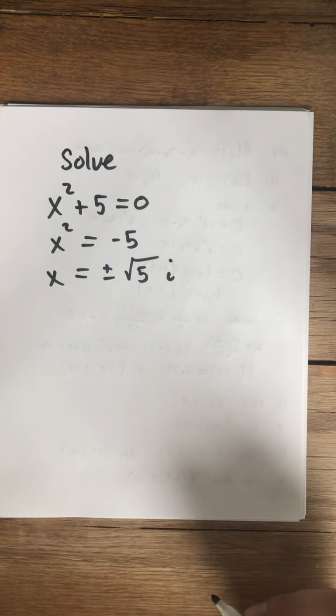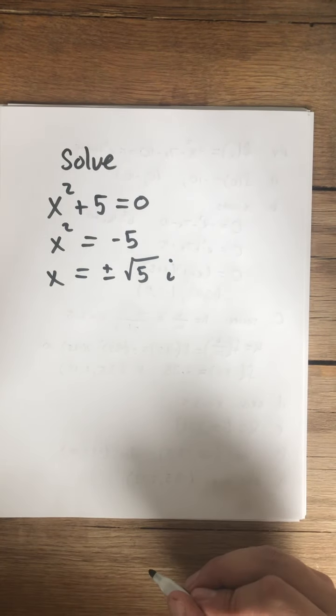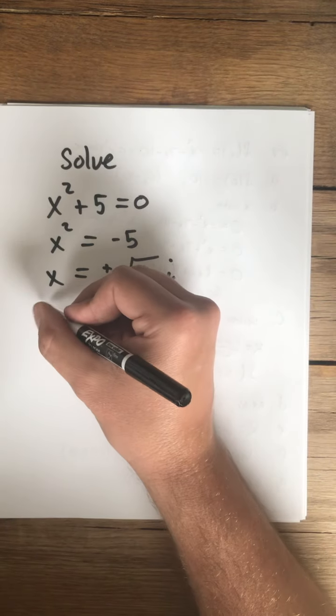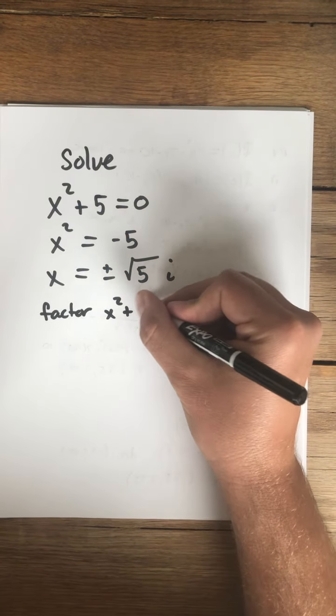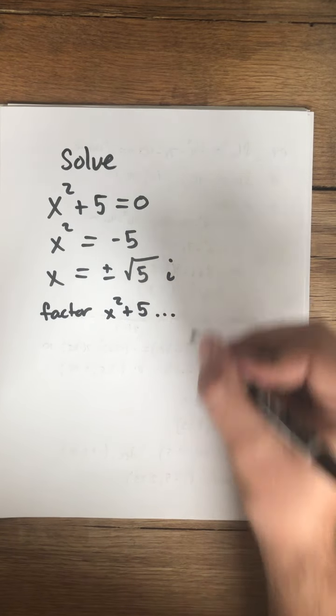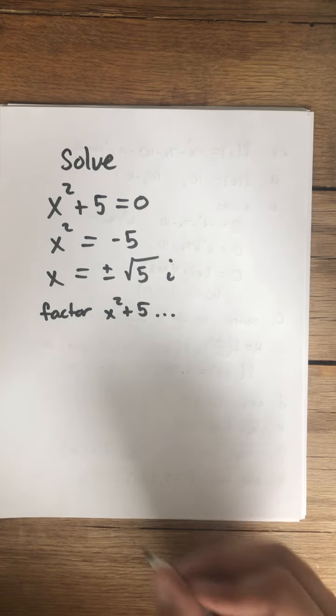I think everyone's probably good with that, but let's take a look at this. Factoring x squared plus 5, we'd be like, I don't know. It doesn't have real number factors, so we really don't even want to mess with factoring it.